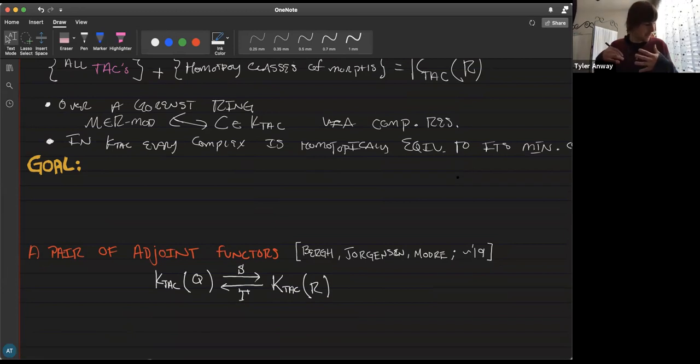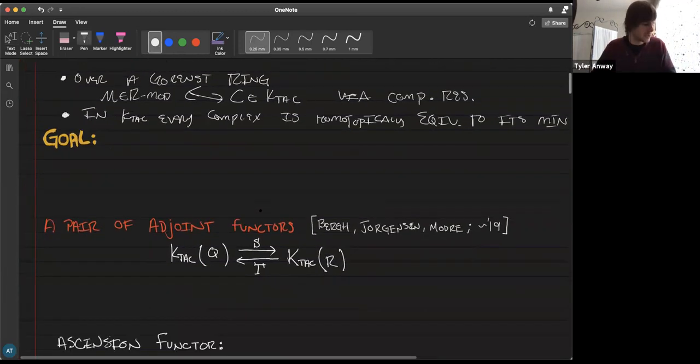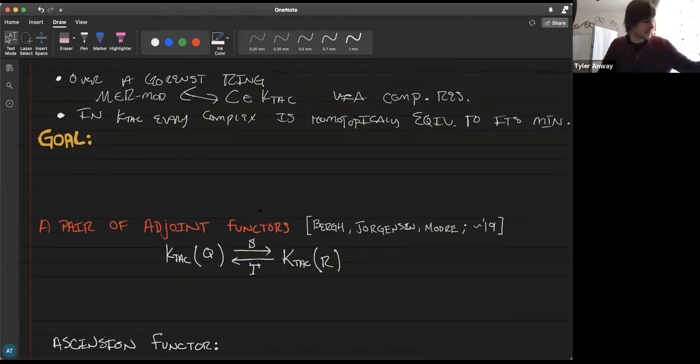So any complex we're discussing, you can take it to be minimal, which is nice.